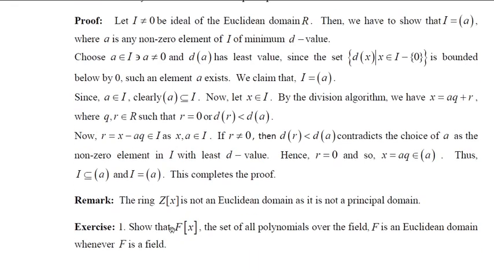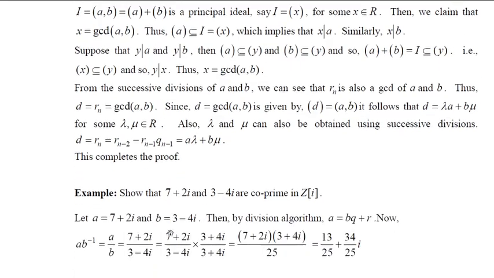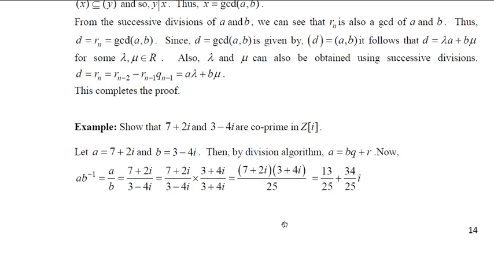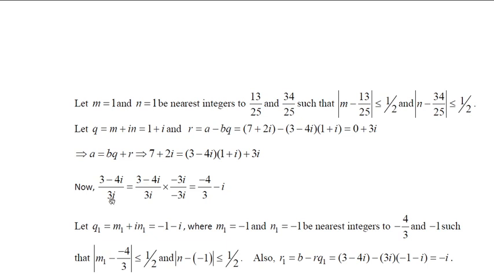Now you know that you got 13 by 25 plus 34 by 25 into i. This is your A B inverse. Let's say this is your S and this is your T. So let's consider the nearest integers to 13 by 25 and 34 by 25. 13 by 25 is less than 1 and 34 by 25 is more than 1 but near to 1.